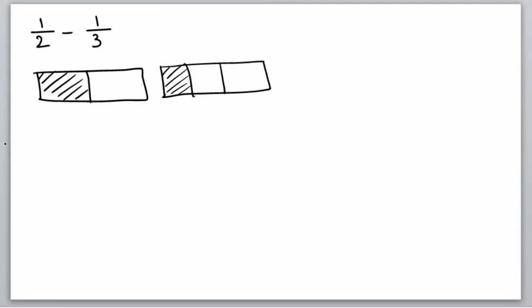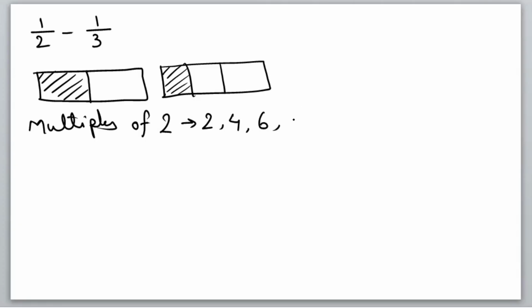Let's see how we can find the least common multiple. Here the denominator is 2. It means we have to find the multiples of 2. What are the multiples of 2? It is the times table of 2. It is 2, 4, 6, 8, 10.